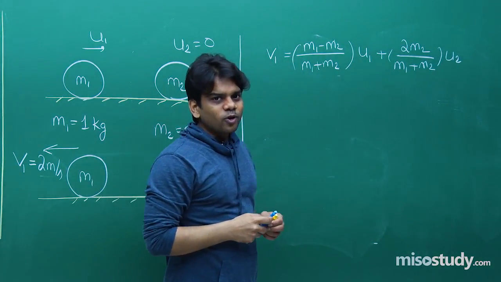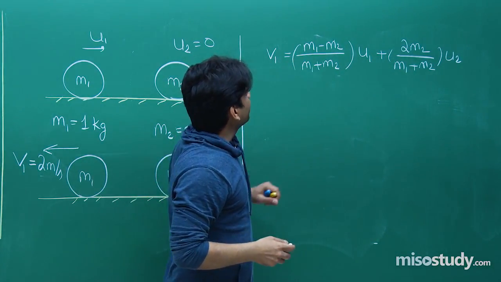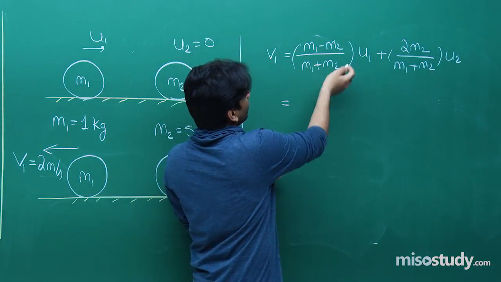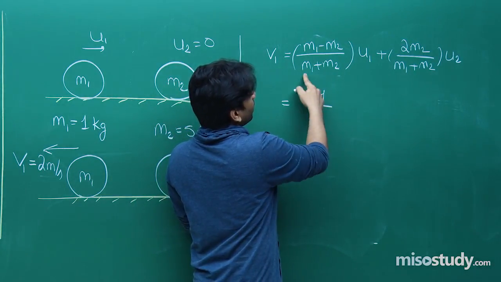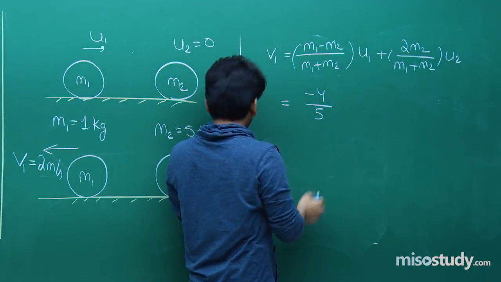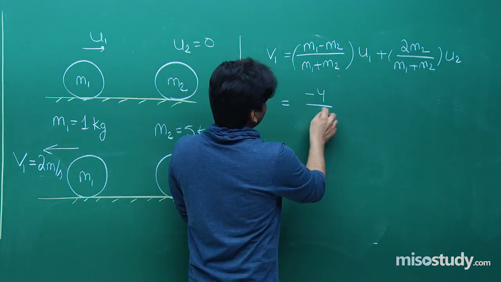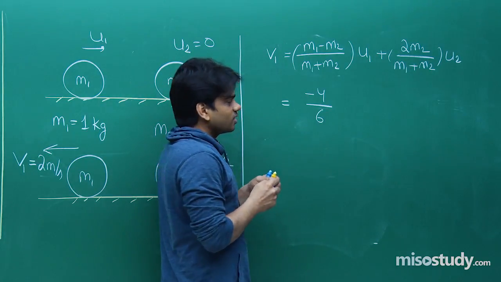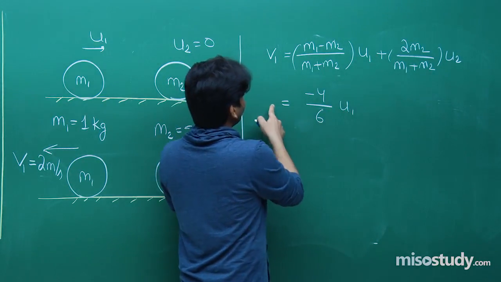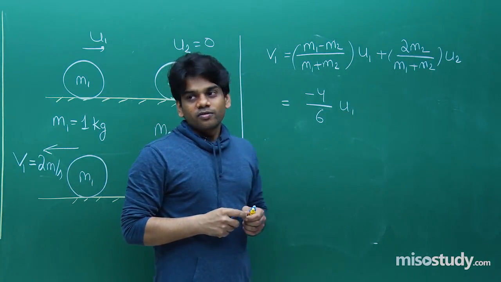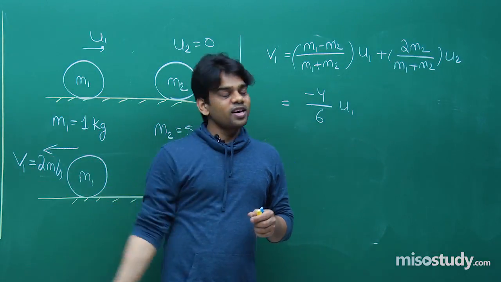This is the formula I have taught you in the regular class. m1 minus m2 will be 1 minus 5, that is minus 4, divided by m1 plus m2, that will be 5 plus 1, 6 kg. So let me write this as 6, and u1 we don't know, let's keep it as u1, and v1 comes out to be 2 meter per second towards left.